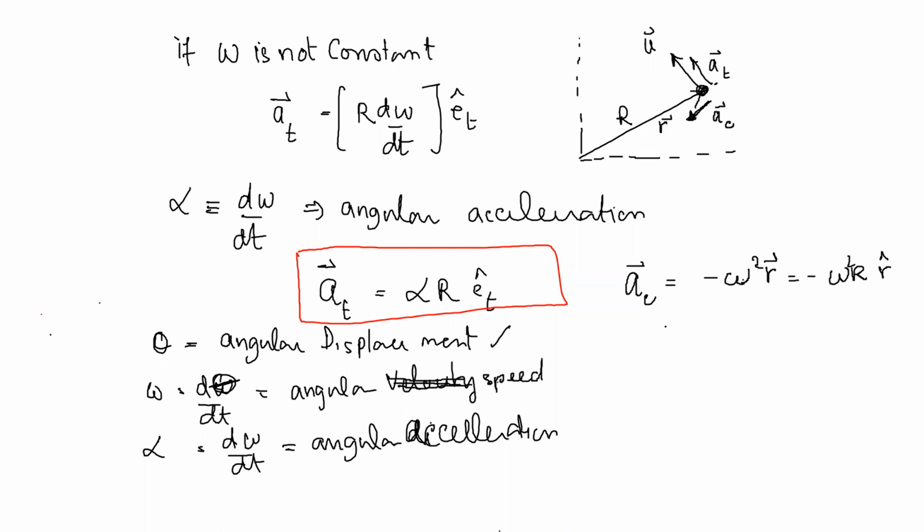Or you can say that this is minus v squared over r times the unit vector of r, in meters per second squared. And this is centripetal acceleration.